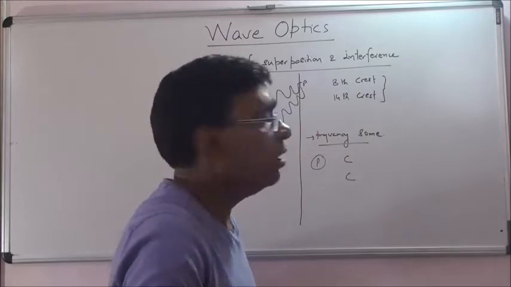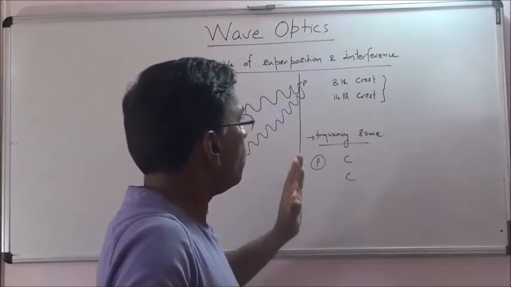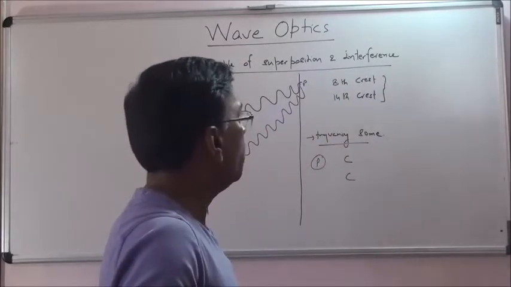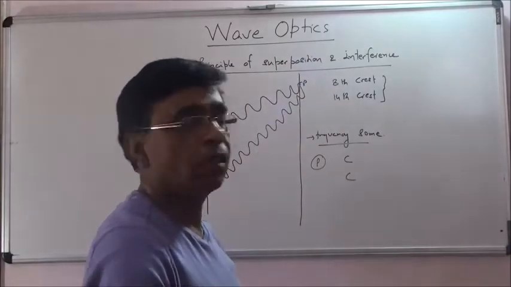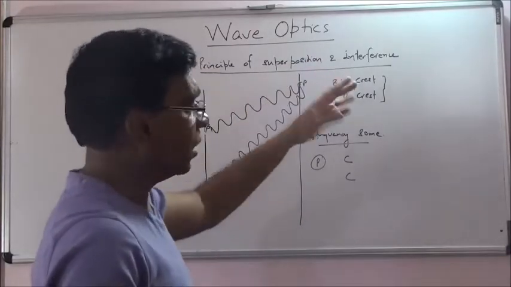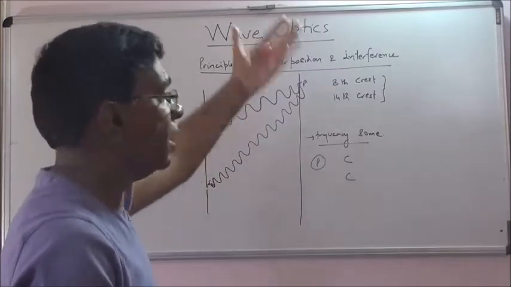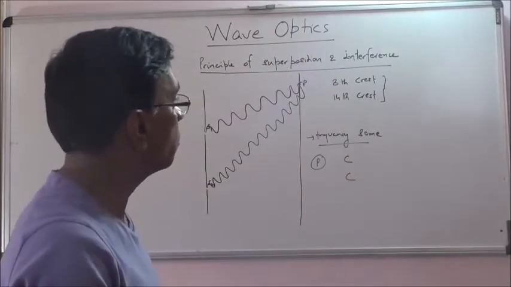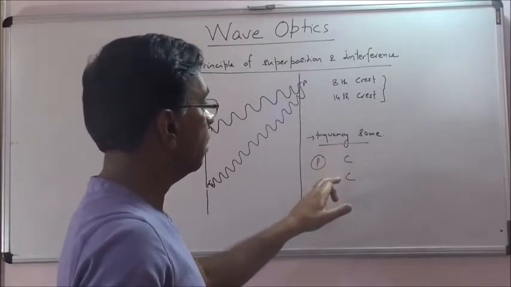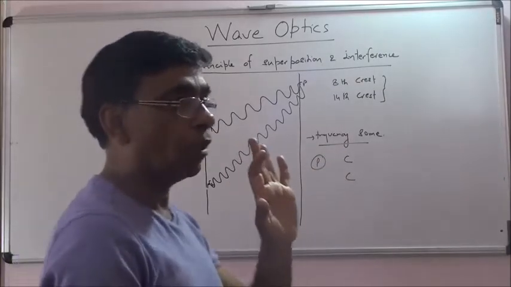We will have an intensity which is large, high intensity at P, because it will be the vector sum of the amplitude, displacement. Here will be the vector sum of two displacements. So intensity will also be more. Crest and crest. Now just imagine one thing.